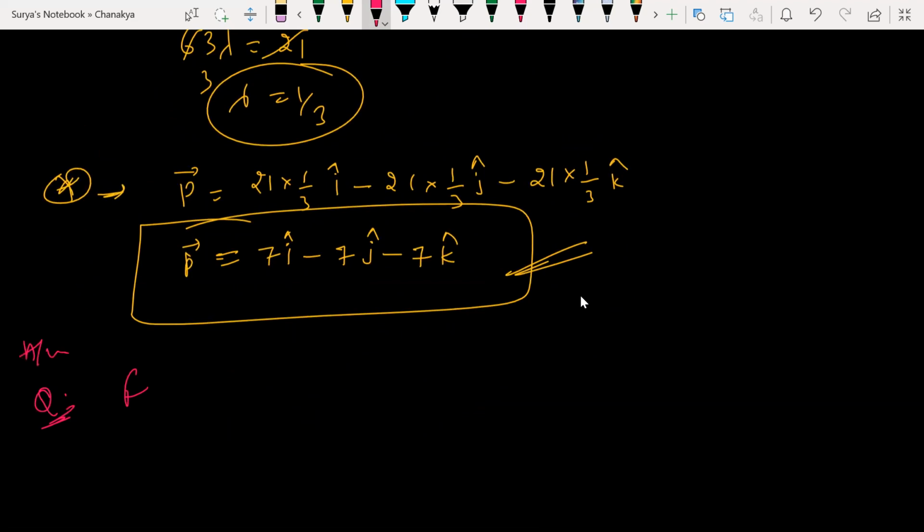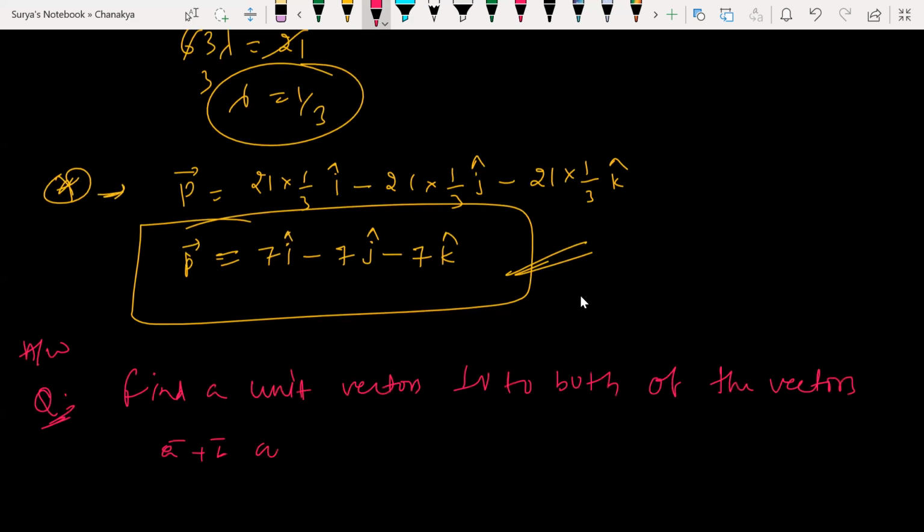I'll give a question here. Homework: find a unit vector perpendicular to both of the vectors A cross B and A plus B and A minus B. Where A is given as I plus J plus K cap, and the B vector is given.